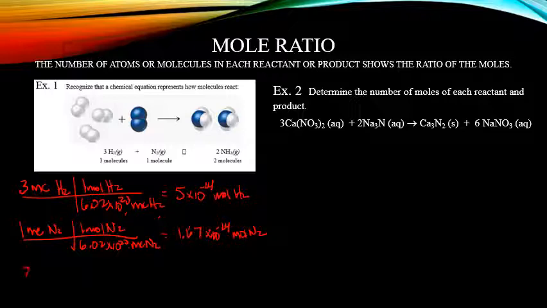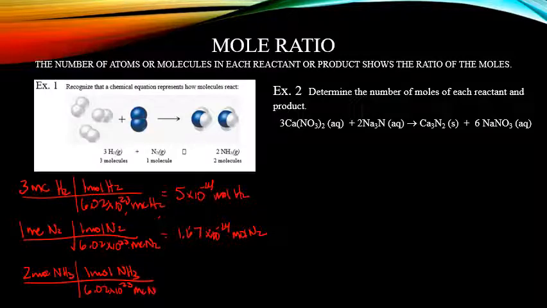And then finally, I have 2 molecules of NH3, and we know that 1 mole of NH3 will be the equivalent of 6.02 times 10 to the 23rd molecules of NH3. And if we do the division on this, we end up with approximately 3.33 times 10 to the negative 24th moles.